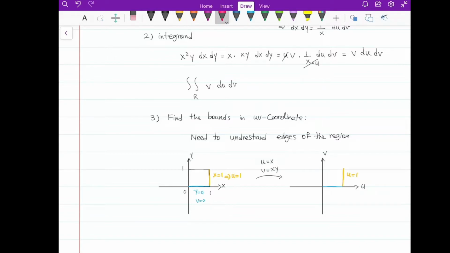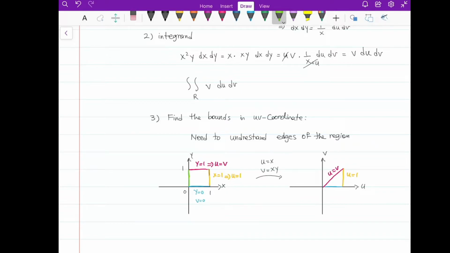Then I have this side here, which is y equals 1. When y is equal to 1, both u and v are equal to x, so I get u equals v, which would be this side. And let's see what's going to happen to this side.